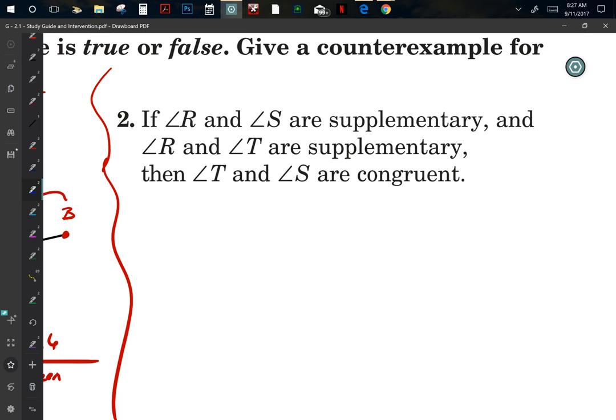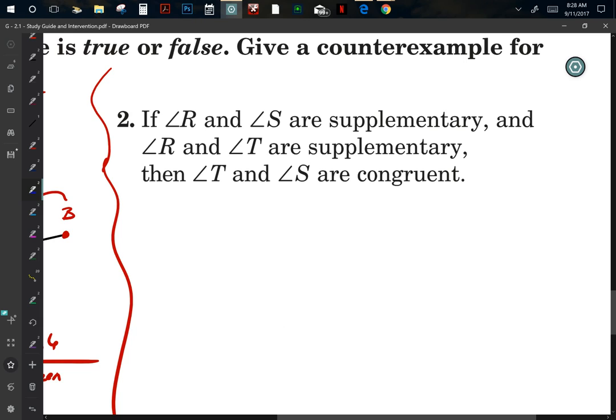It says R and T are supplementary. So they're saying the measure of angle R plus the measure of angle S is equal to what? And R and T are supplementary. The measure of angle R plus the measure of angle T is equal to 180.